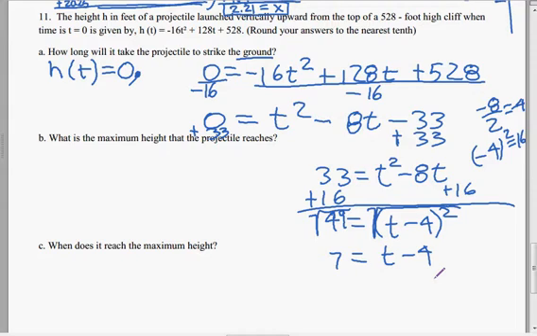I only want the one after the rocket is launched. So in this case, I only want the positive value. I only consider that. I know t equals 11. Okay? So my answer for A is t equals 11.